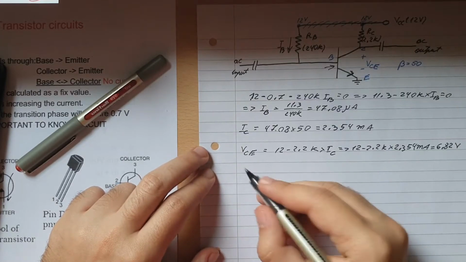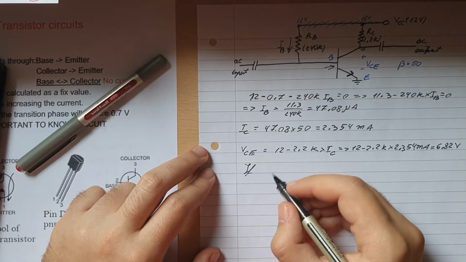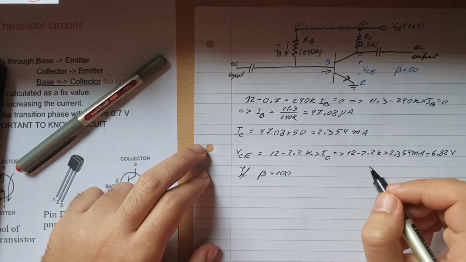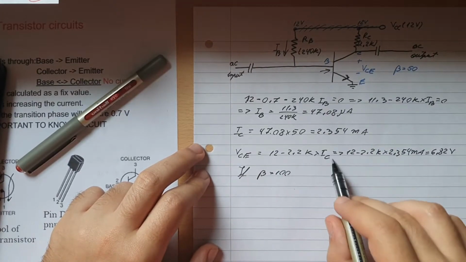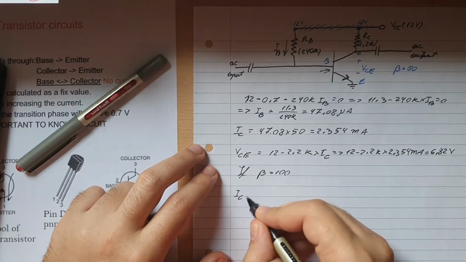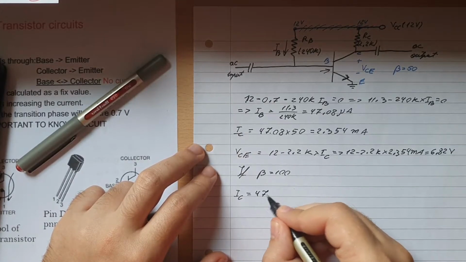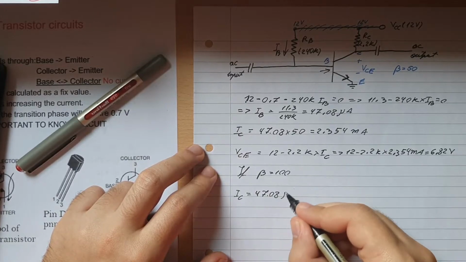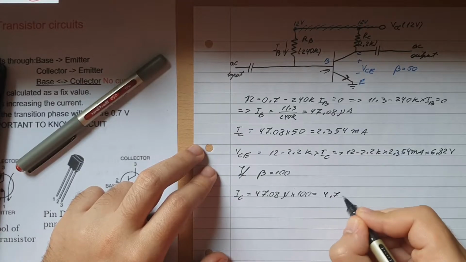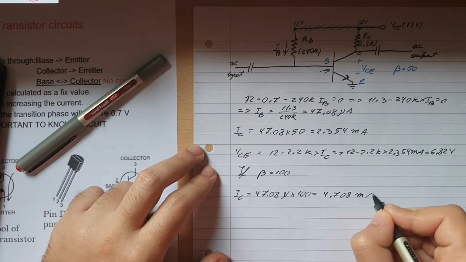Now, what if the gain B was actually equal to 100? It's very simple. Instead of using IC, we can just use 100 IB. So IC equals 47.08 micro times 100, which is 4.708 milliamps.